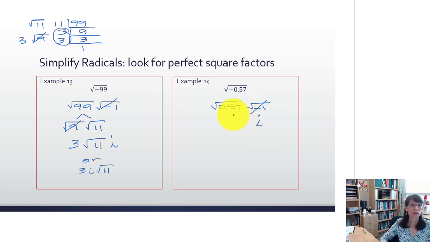And now what is intended is to use your calculator to get a value for square root of 0.57. So the square root of 0.57 is approximately 0.75. So you're going to have 0.75i for the final answer.